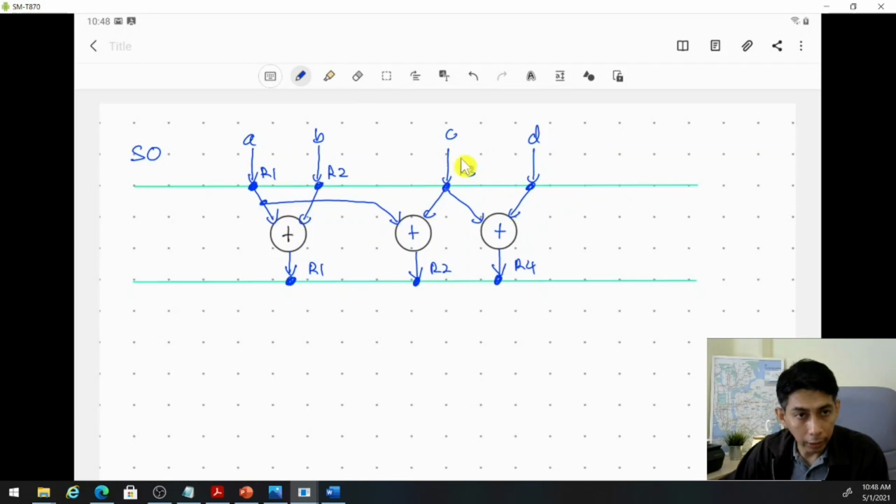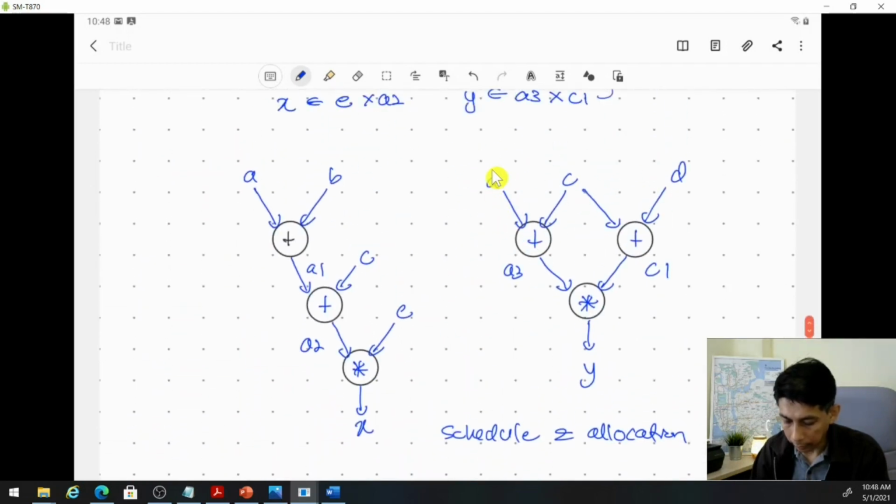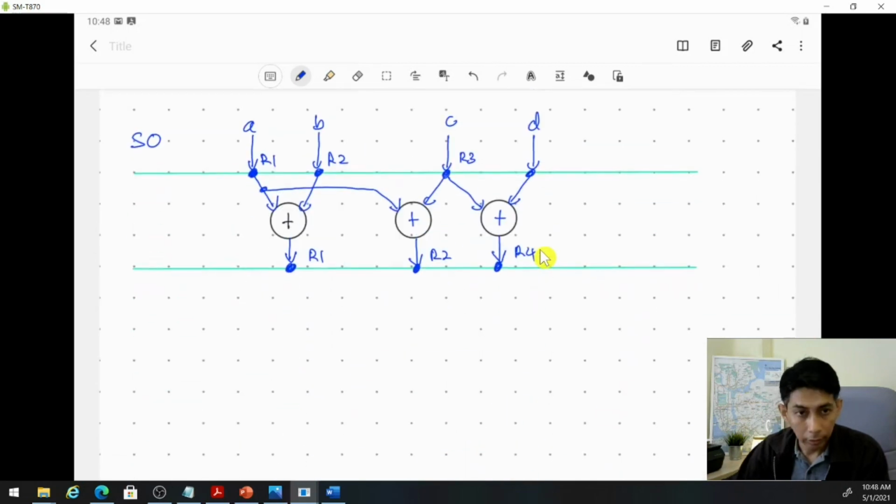Why are we not using R3? This is because we want to use C here, so we need to preserve the value of C in R3. So instead of R3 here, we use R4.